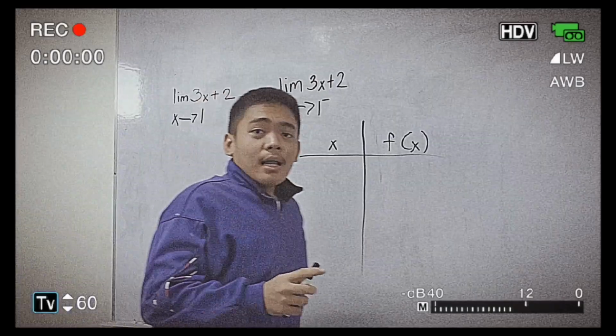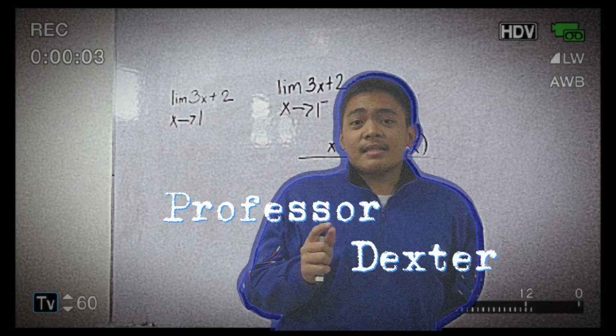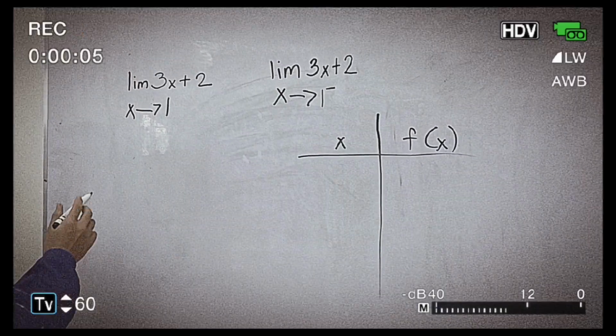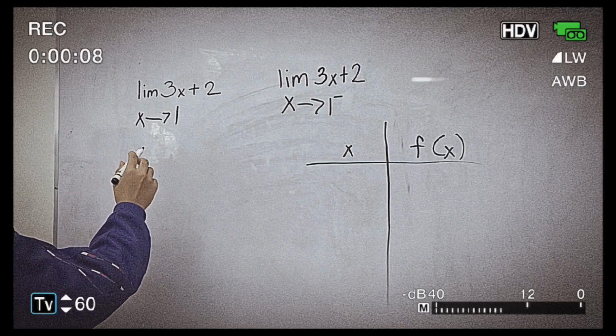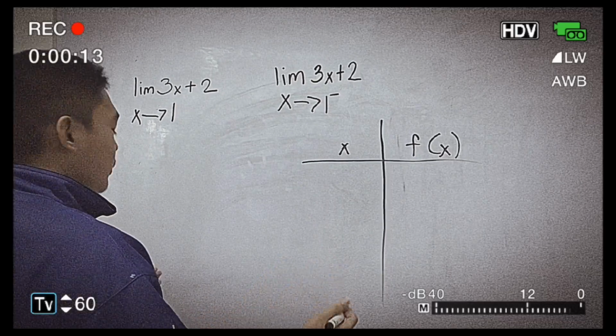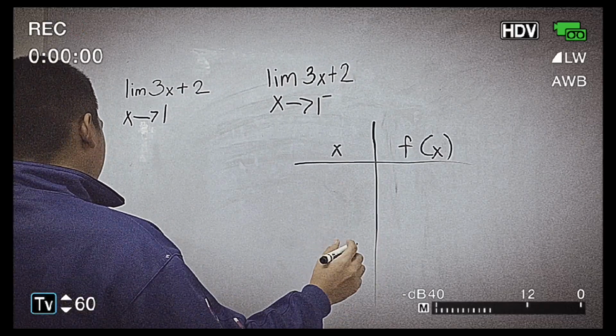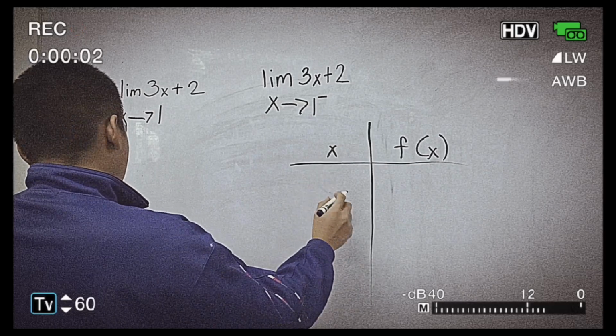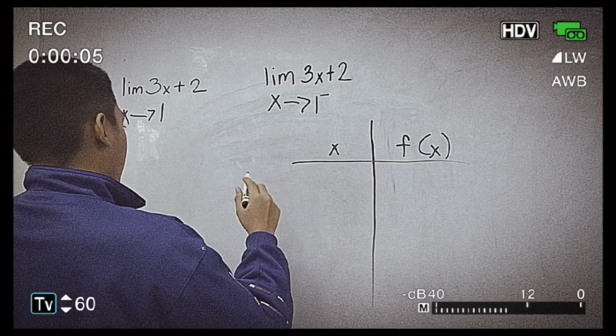For you to understand, let us have an example first. So we are looking for the limit of 3x plus 2 as x approaches 1. Let's find the left-hand limit first. First, we need to find values of x that are closer to or less than our c, which is 1.